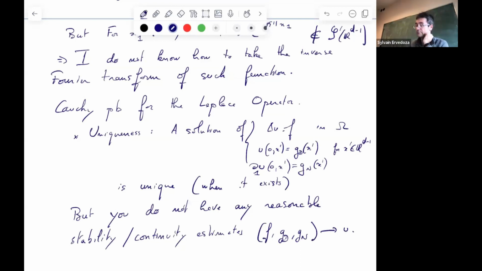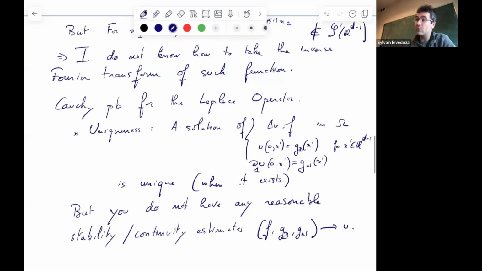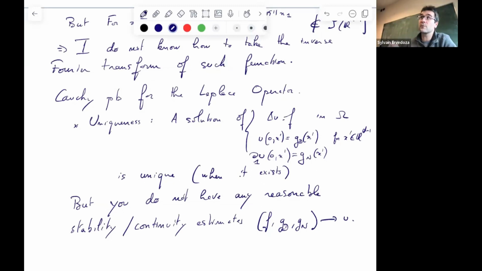And here, when I say reasonable, I mean in Sobolev spaces. So, for instance, if you go to Gevrey class or something like that, you may have stability, but okay, it's something else. So reasonable here means in Sobolev spaces. Okay. So this is regarding the Cauchy problem.